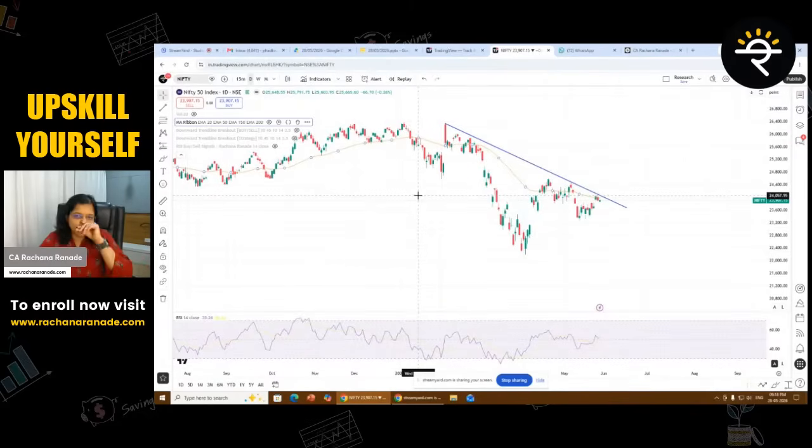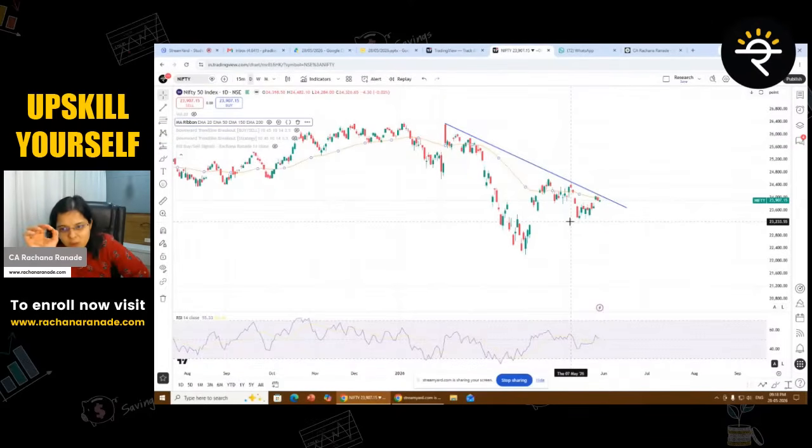So two obstacles that I can say, two obstacles. Everyone note down these levels. This is immediate resistance that I'm talking about. Immediate resistance can be seen at 24,000 based on the 50 days moving average and based on a downward sloping trend line.